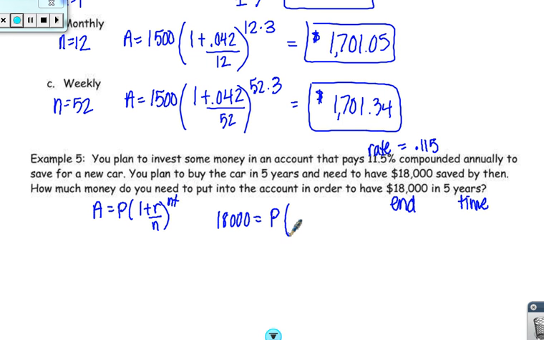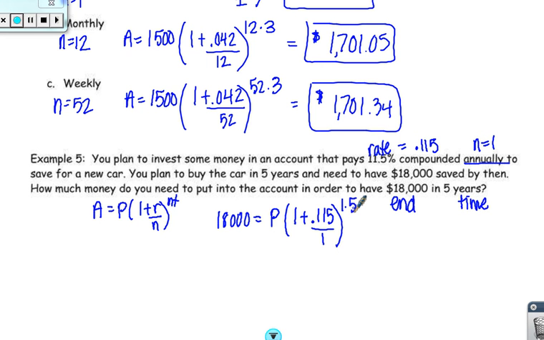I don't know how much to start with, but I know I have 11.5%. Since it's annually, that's once a year, you're going to get 11.5%. And I want to know how much I have after 5 years.